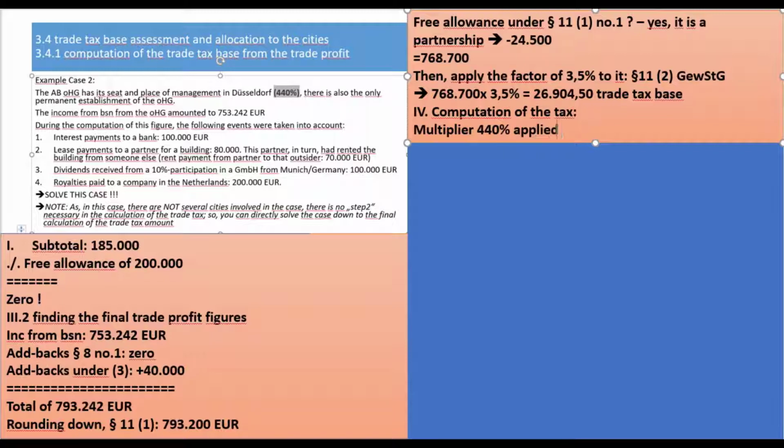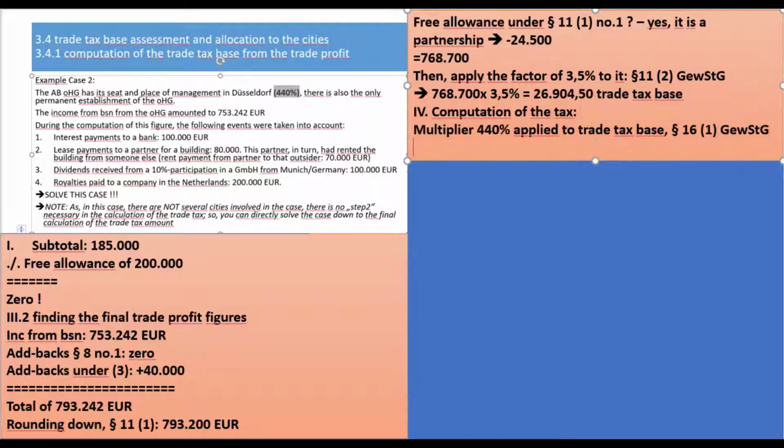Now, computation of the tax multiplier, 440% applied to trade tax base C16.1. It's important to cite that to prove that we know it. So we have 26,904.50 times 440%. And if we take refuge to calculators again, this is an impressive amount of 118,379.80.